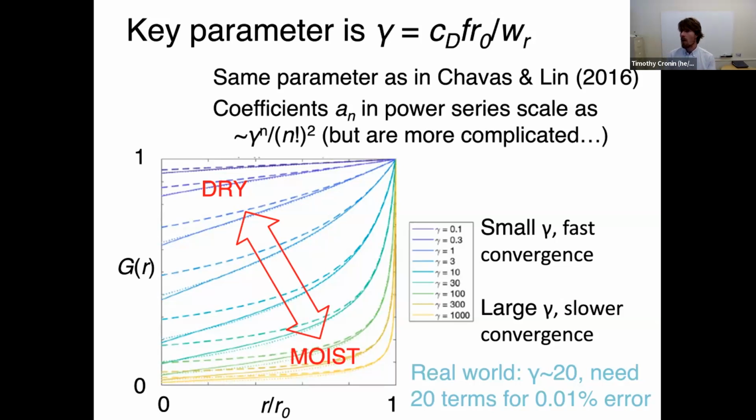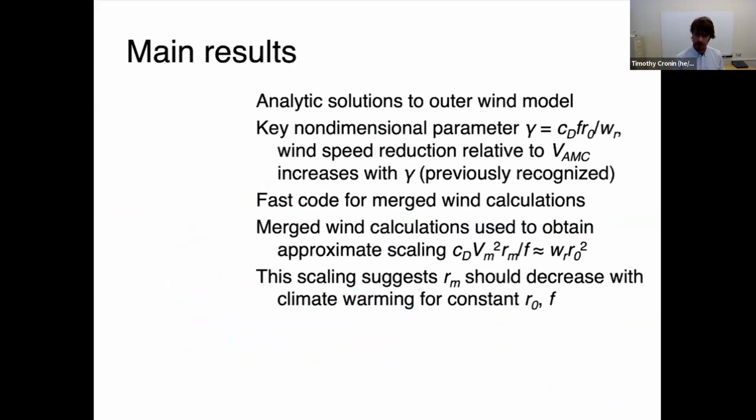So the eye wall can become a really small component of the storms as you go towards that moist limit, which makes them even harder to simulate, because you have to have a huge domain for the air catchment where air is going to flow into the storms. It's not the only thing that can happen as you go to higher temperature. This hypercane stuff is also pretty fascinating.